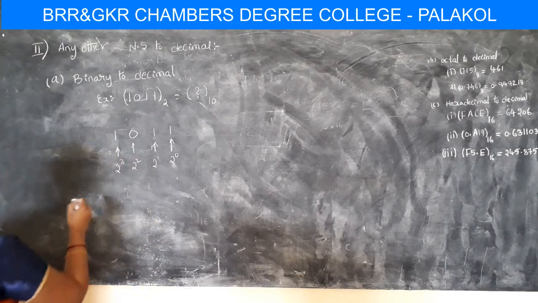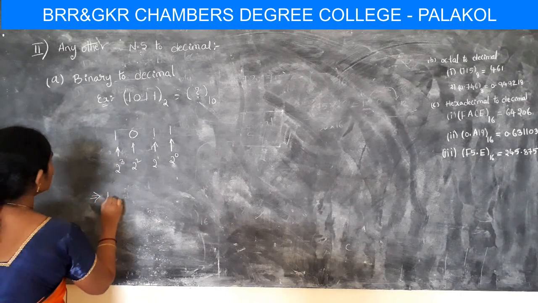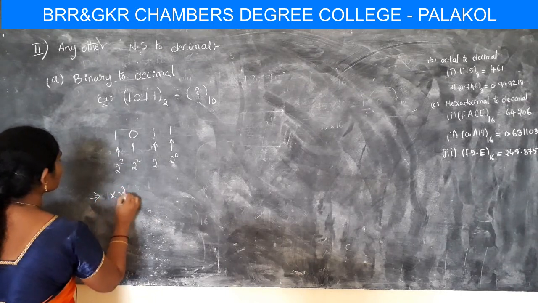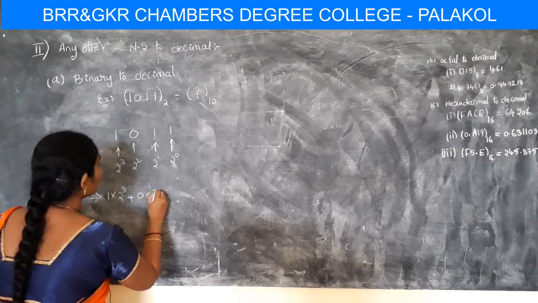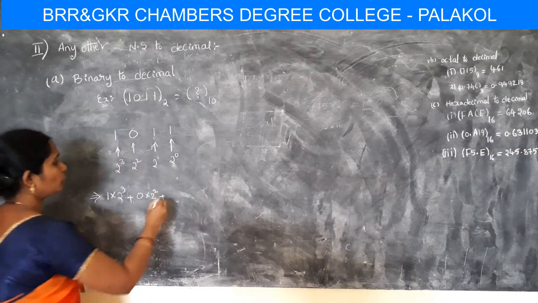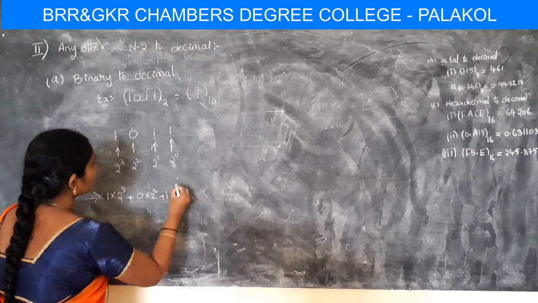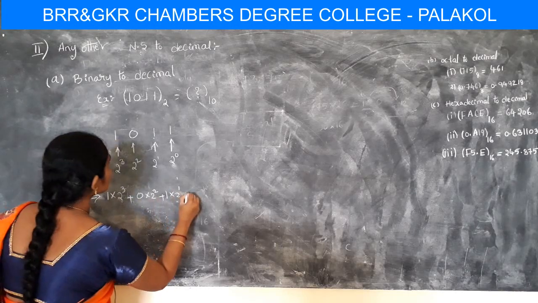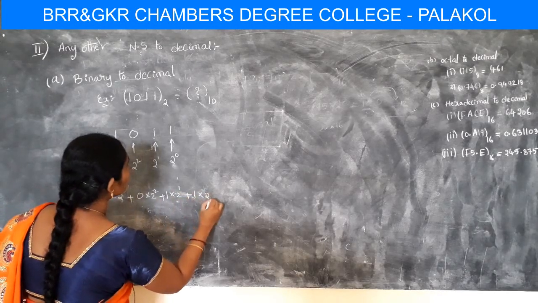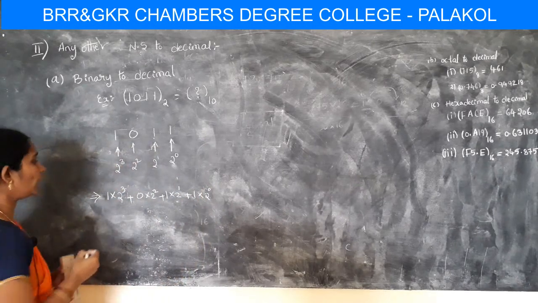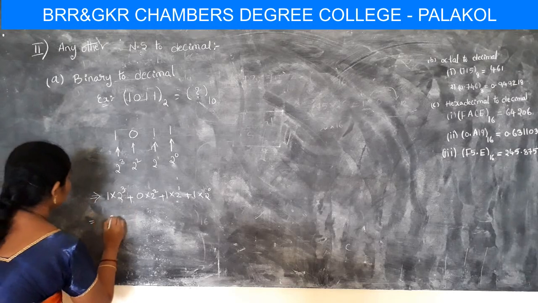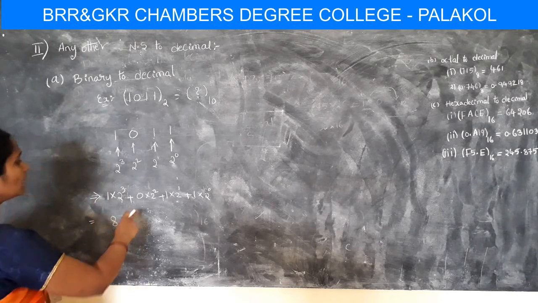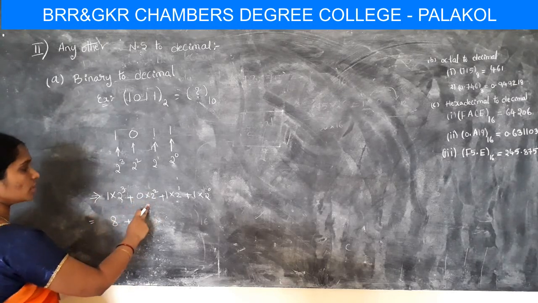Okay. So, that means that is 1 into 2 cube plus 0 into 2 square plus 1 into 2 power 1 plus 1 into 2 power 0. Okay. So, here 1 into 2 cube is nothing but 8 plus, so here 2 square, that means 0.